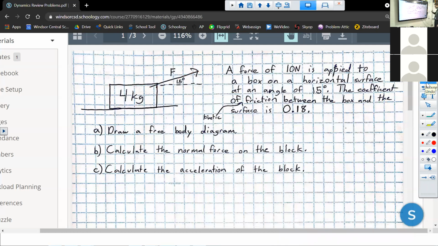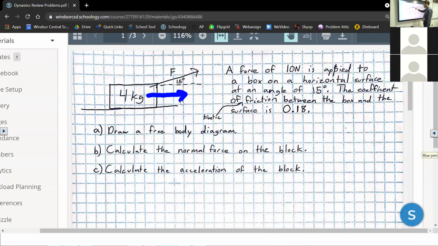Okay. And then we want to calculate the acceleration of the block. Well, the block is going to accelerate in the x direction. I think it's this way, but we honestly don't know yet. So we want to add up all of the forces in the x direction. And we'll set that equal to m times a. Our goal is to solve for a.